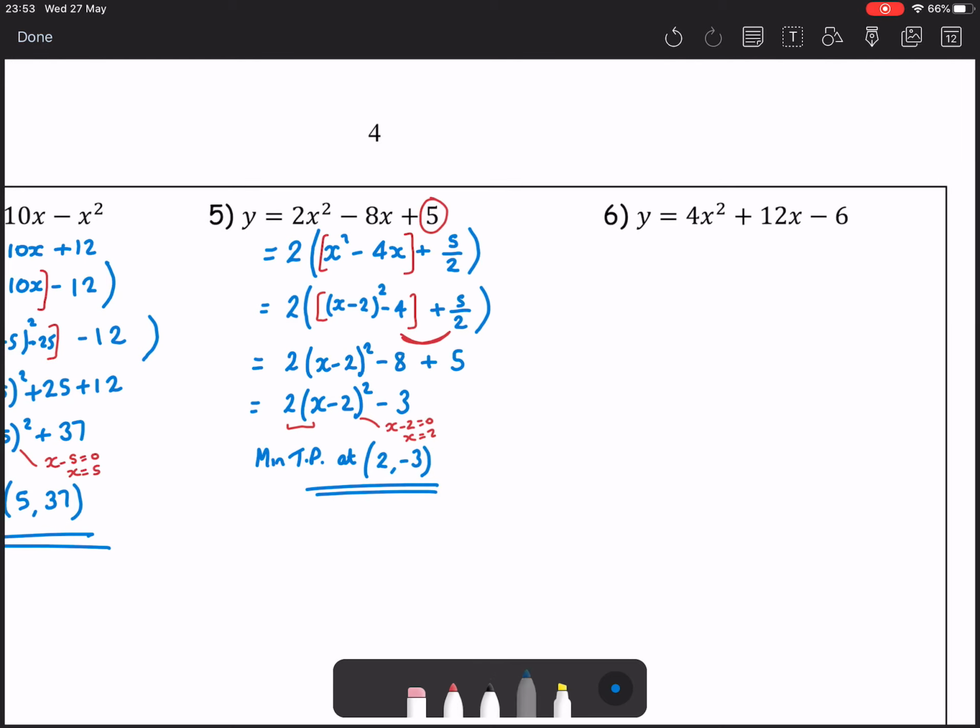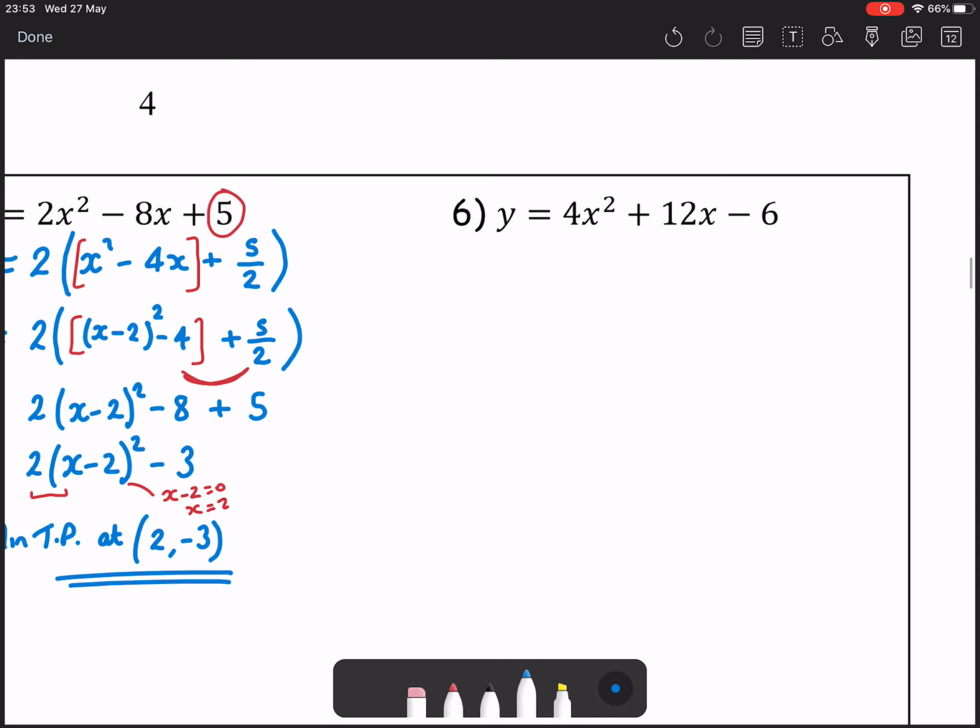Okay, next one. So very similar in this one. I need to take my common factor of 4 out from my coefficient of x squared. What that will leave me with is x squared, leave me with 3x, and it will leave me with 6 over 4.